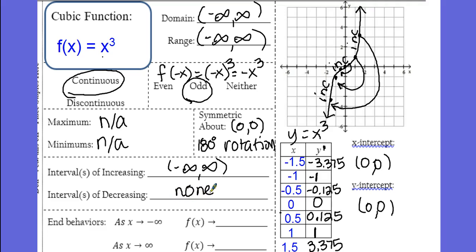It's just always, from left to right, increase, increase, increase. Let's talk about our end behaviors if you're ready. As I approach negative infinity on my x, my y approaches negative infinity. And since this is an odd degree, should my other end go in the opposite direction? Yep, it's a degree of 3. As x goes to positive infinity, y is also approaching positive infinity. All these little critical pieces of information.